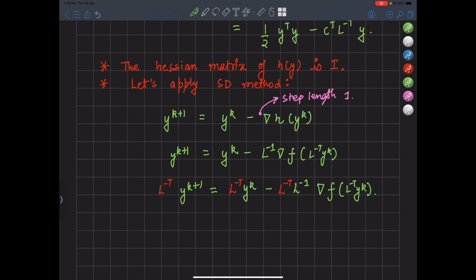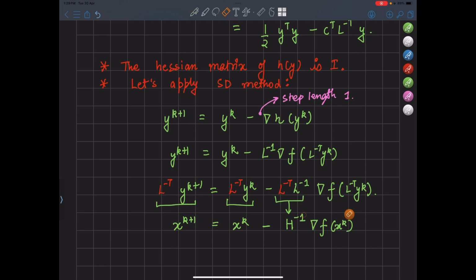All right, so if you can see, this is x(k+1). So x(k+1) is equal to x(k) minus H inverse, this is H inverse here, into delta f of x(k).